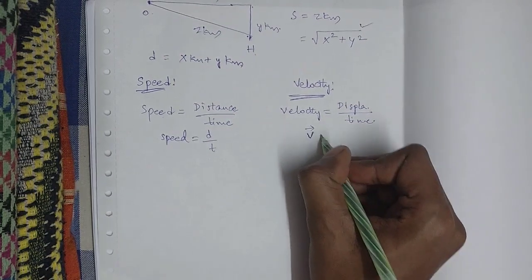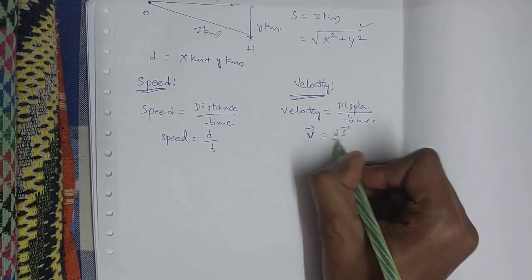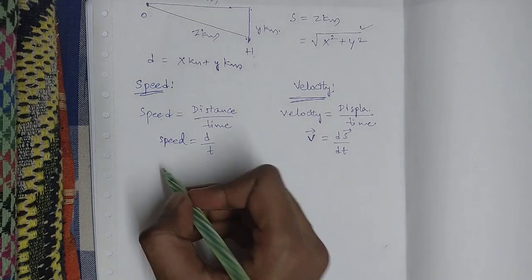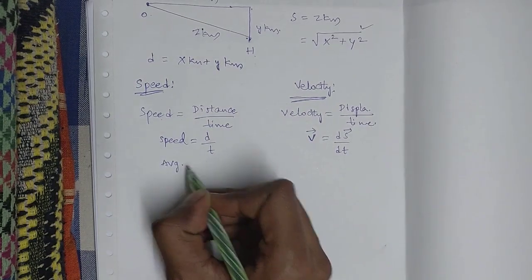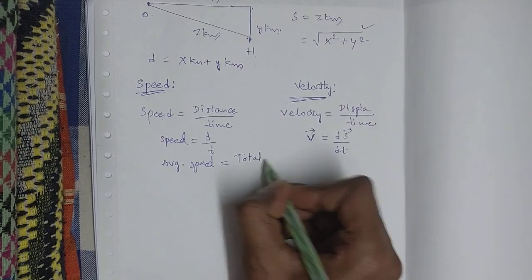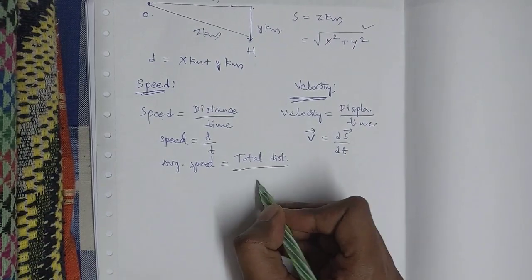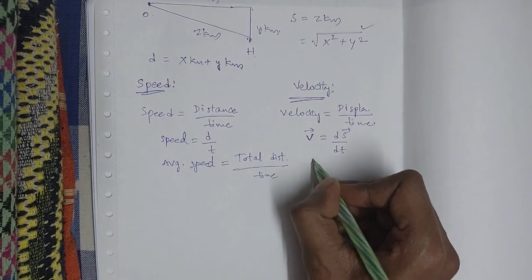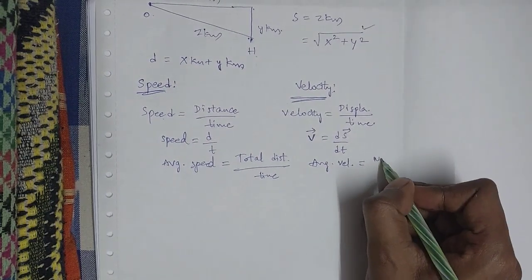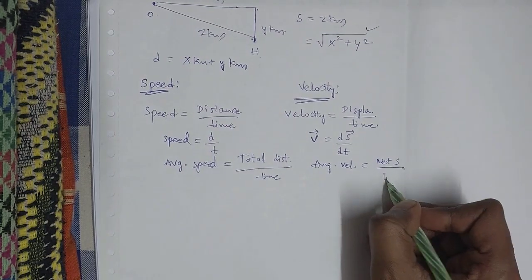So v bar equals ds bar by dt. Then average speed equals total distance by time. Average velocity equals net displacement by time.